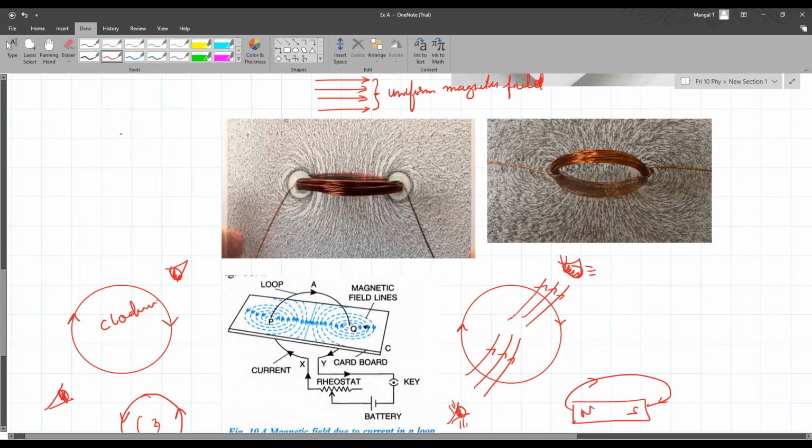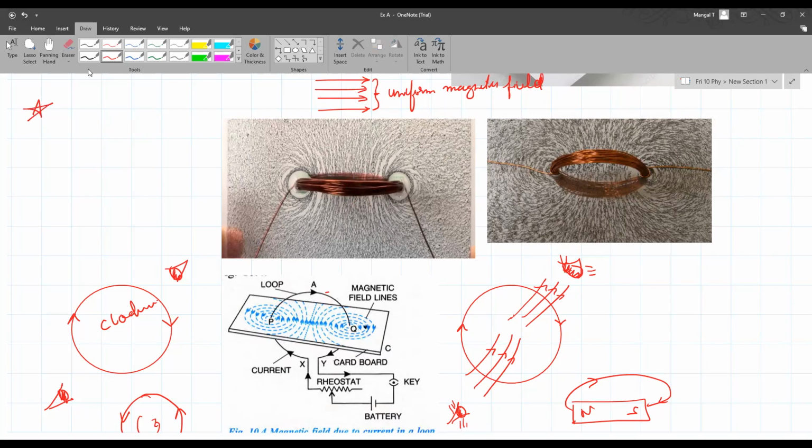The next point is the magnetic field lines become denser if you increase the strength of the current, and second, the number of turns. As you must have noticed, in this particular diagram there is a single loop, and here there are more number of turns. Again, a word of caution.